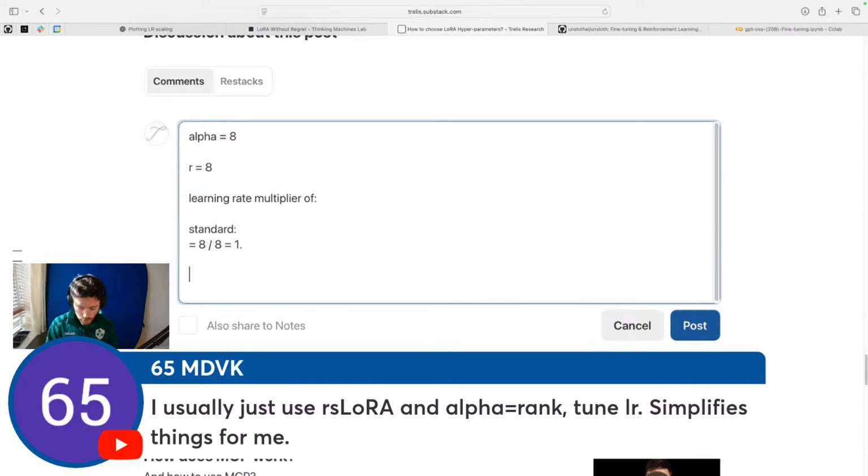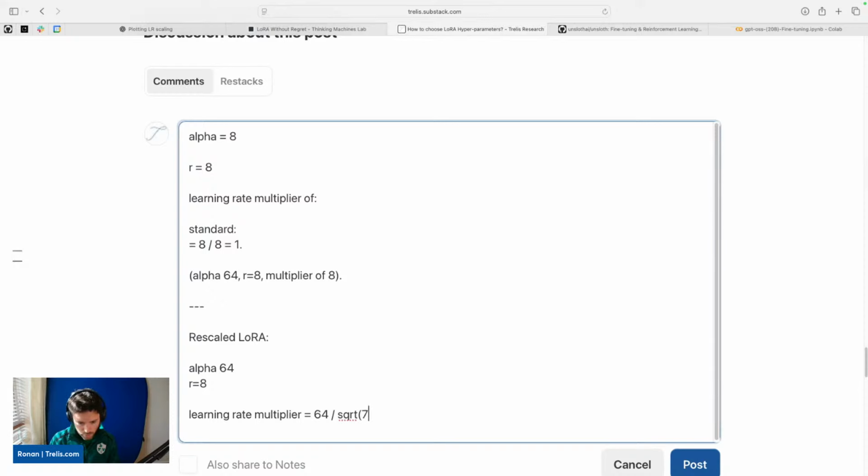Now, if you use rescaled LoRA, my example would be alpha equals 64, rank equals 8, and my learning rate multiplier will be equal to 64 divided by the square root of the rank, the square root of 8.